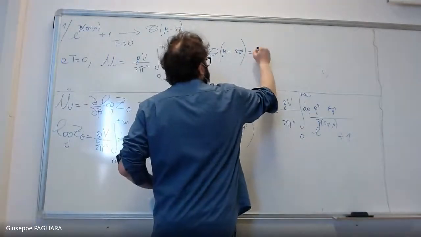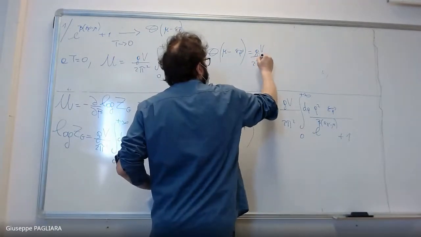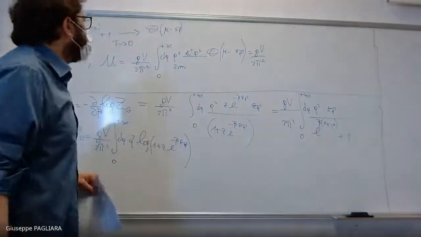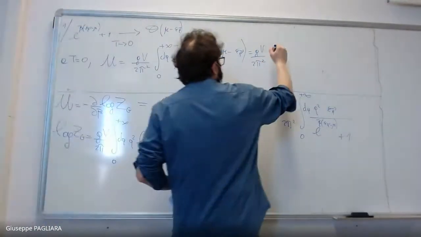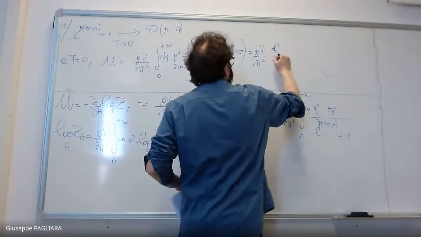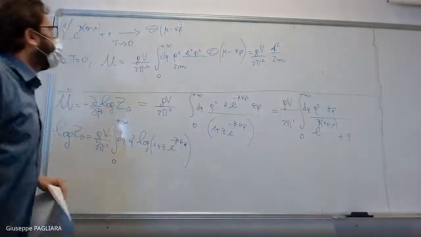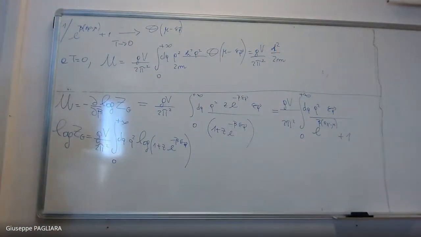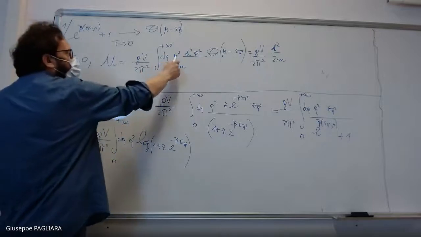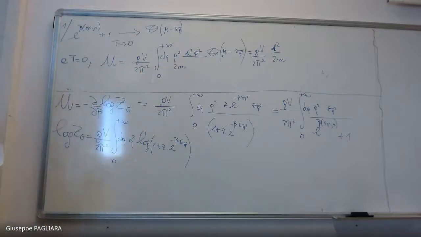So this is g V divided by 2 pi squared, then I have h bar squared divided by 2m, and then I have q to the power of 4, which means q to the power of 5 divided by 5, where this value of q is the Fermi momentum.